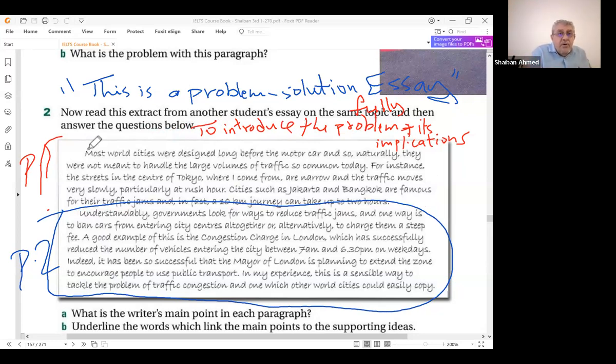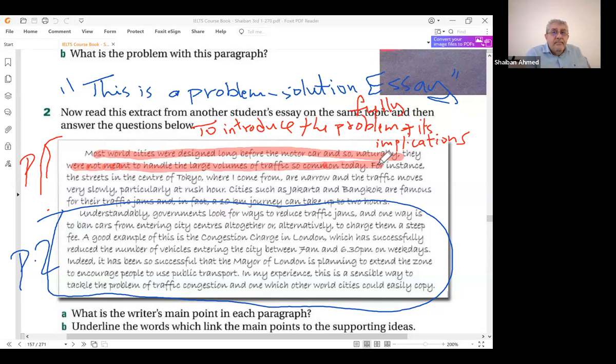He says, most world cities were designed long before the motor car. So naturally, they weren't meant to handle the large volumes of traffic so common today.